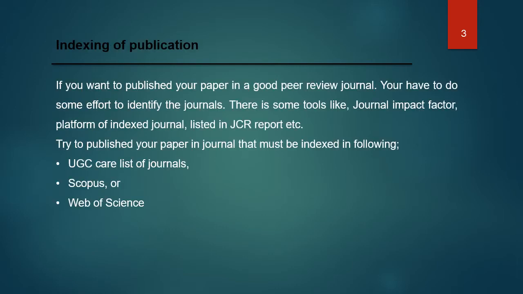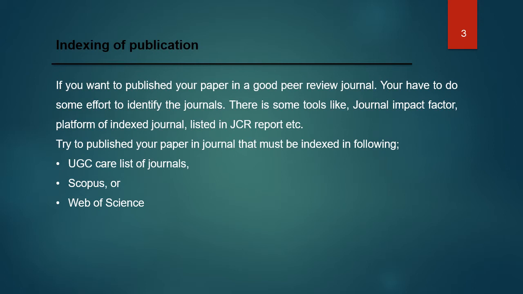When you are writing a paper, your paper must be published in a peer reviewed journal. So you have to identify the particular journals where you want to publish. It is better that when you are going to find a particular journal, you identify some platforms. Suppose you are writing a paper that must be in the UGC CARE list of journals. The UGC CARE list has many benefits from the government.